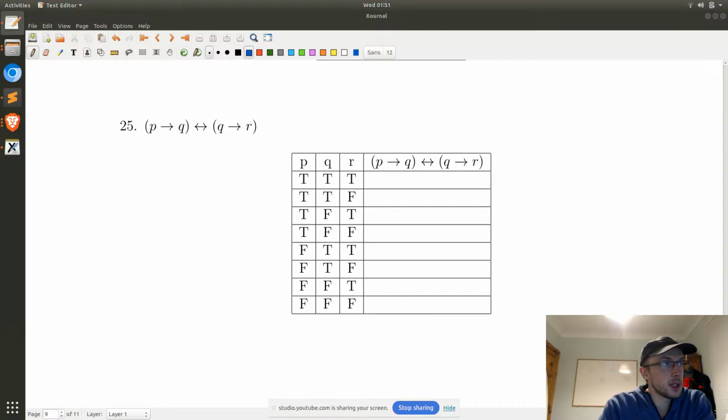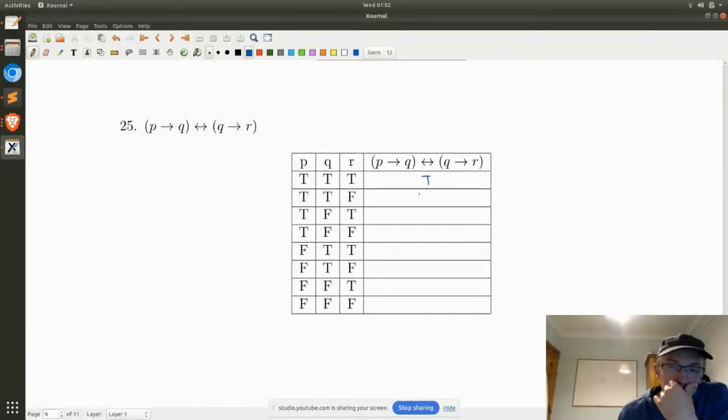P implies Q, if and only if Q implies R. That is only true. Oh my goodness me. Okay. True. False.